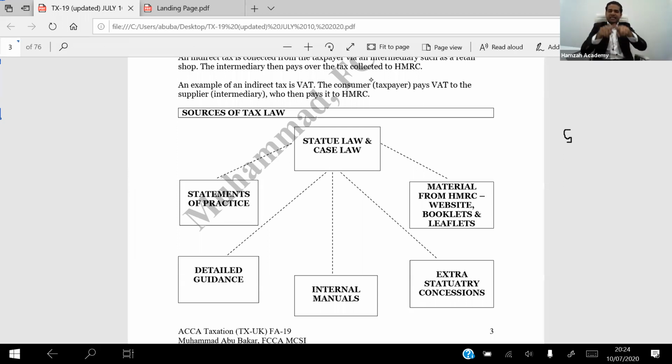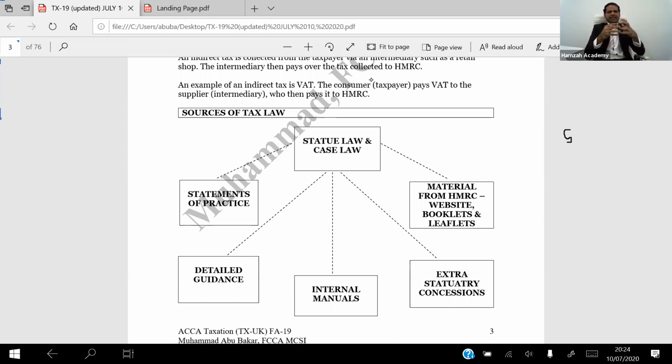Every year, the Finance Act was reviewed, reassessed, and amended accordingly as per the needs of the economy. So if I tell you practically how tax matters are dealt with, first you have a written law. There is the Finance Act, a big book, maybe 1,000 or 2,000 pages.